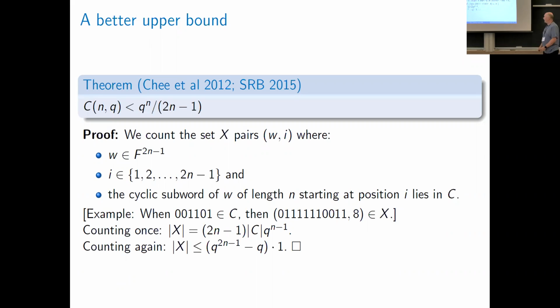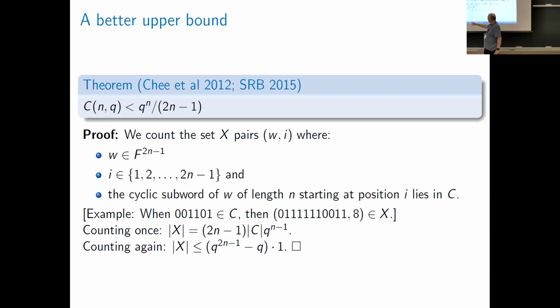And the second way of counting: I first of all choose my sequence W, written in a circle. So there's q^(2n-1) possibilities for this sequence. But at some point in the sequence, I need a code word.